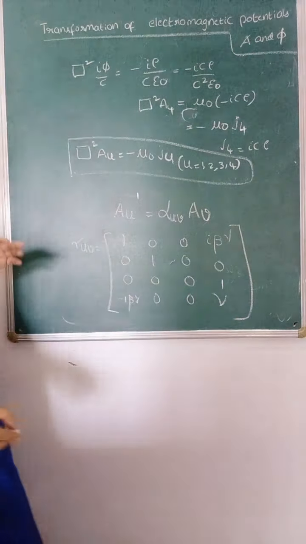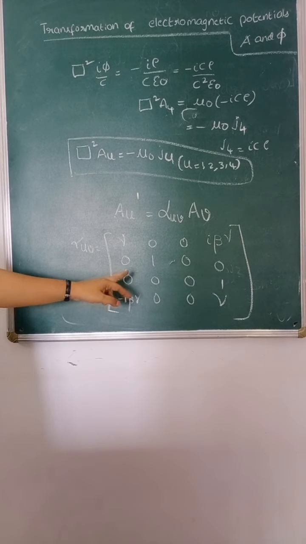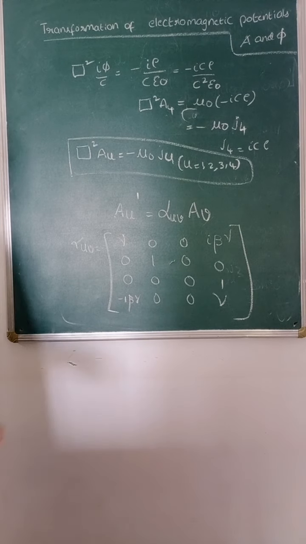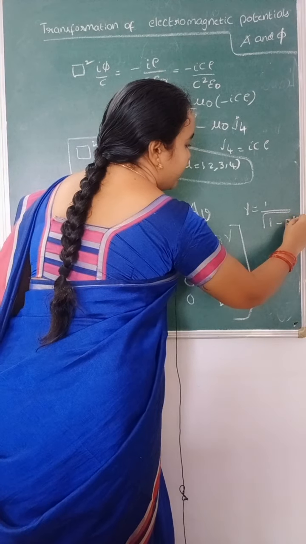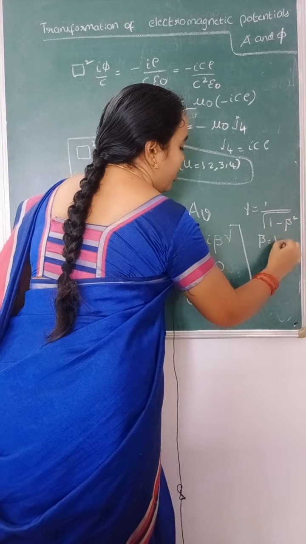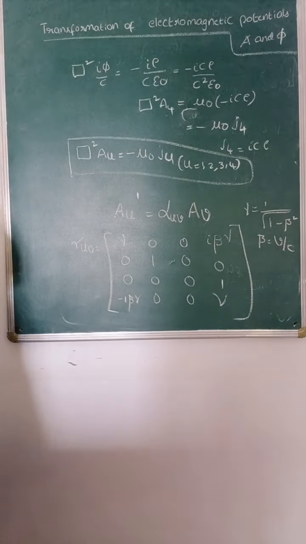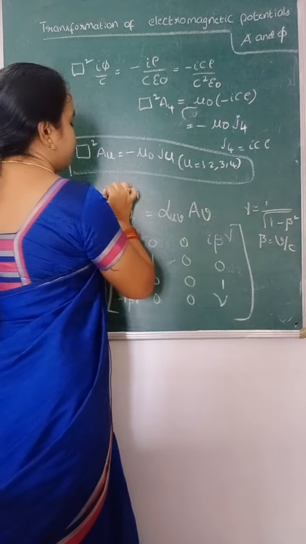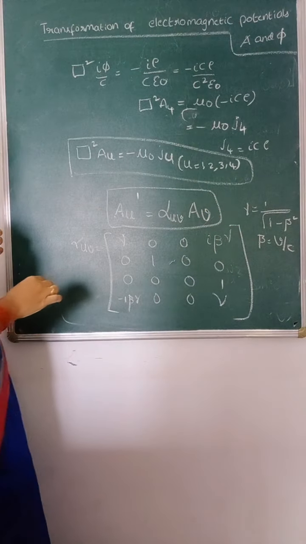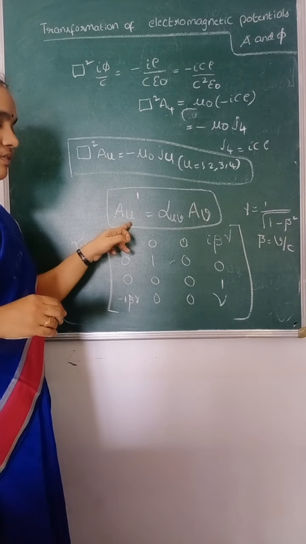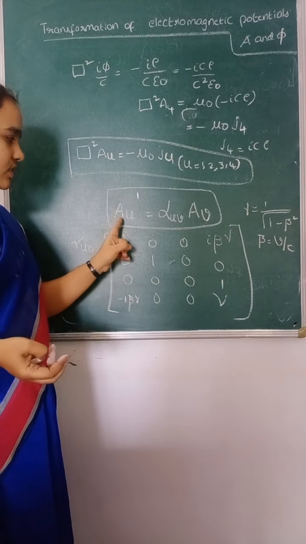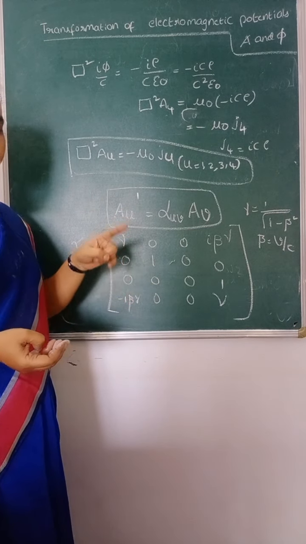So alpha uv is equal to this matrix, where gamma is 1 by root of 1 minus beta squared, and beta, as we all know, is v by c. This is the Lorentz transformation of the magnetic vector potential. So we have transformed the Maxwell equations.